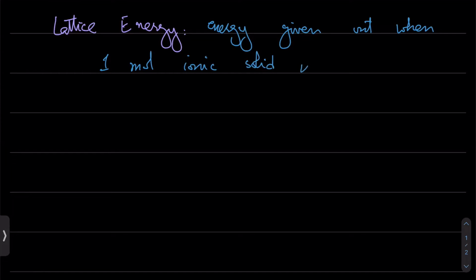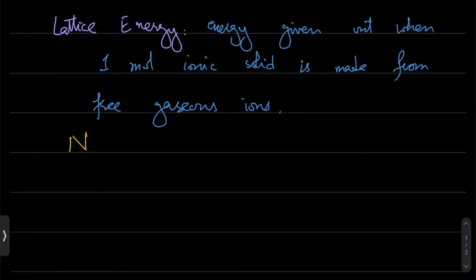So obviously it is an ionic solid, which means it will be a lattice, from free gaseous ions. So one way to look at this would be that you have these ions. For example, let's take a simple substance like sodium chloride. The ions that make it are going to be sodium ions and chloride ions.